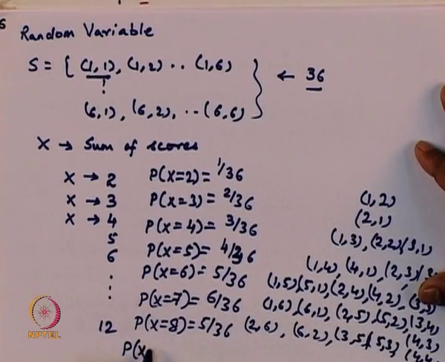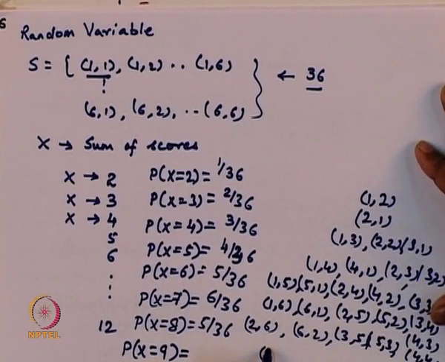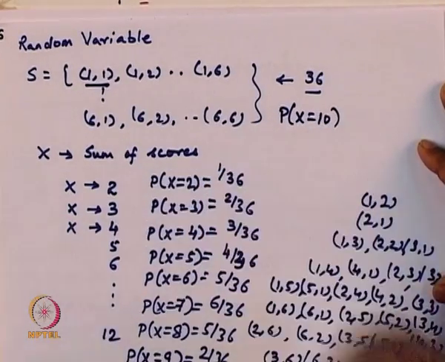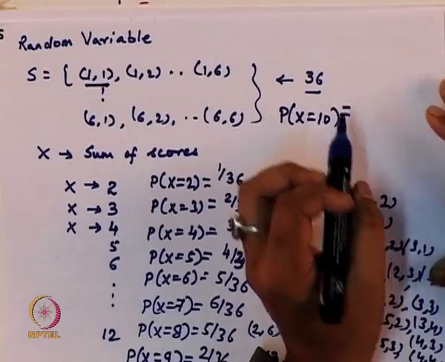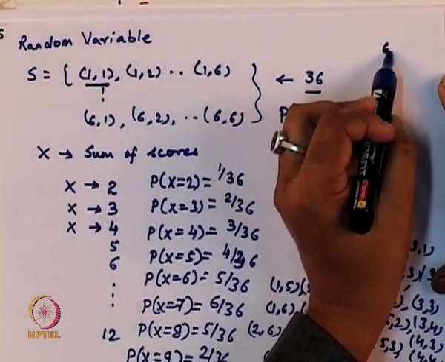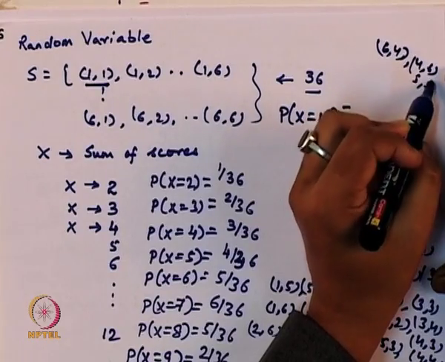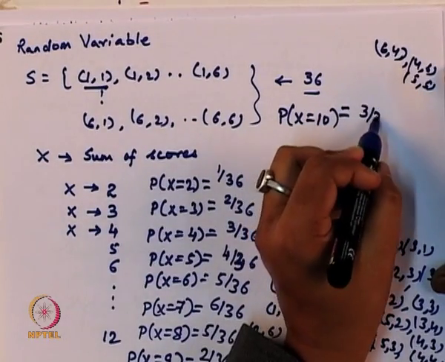Probability of x equal to 9: how will I get 9? I will get 3 6 and 6 3, equal to 2 by 36. Hmm, actually 4 by 36 with 4 5 and 5 4 as well. Probability of x equal to 10: I have 6 4, 4 6, 5 5, 3 by 36.